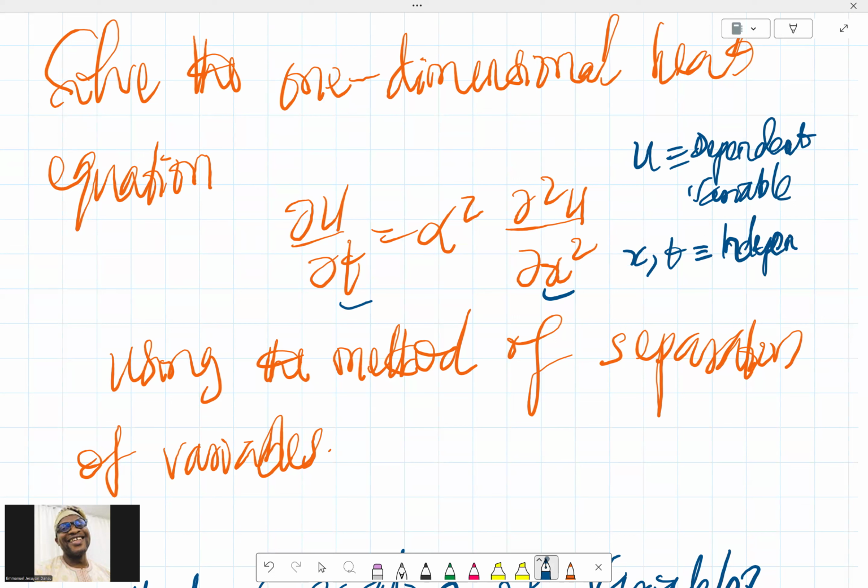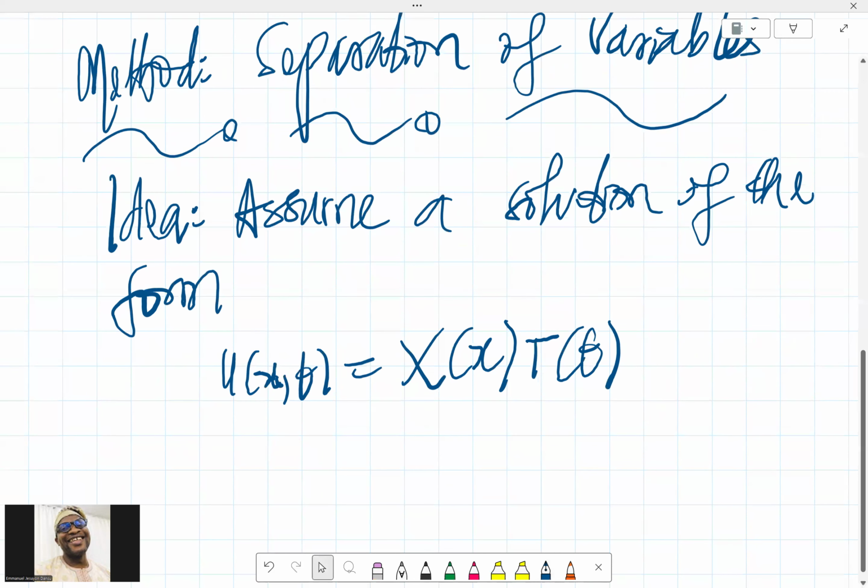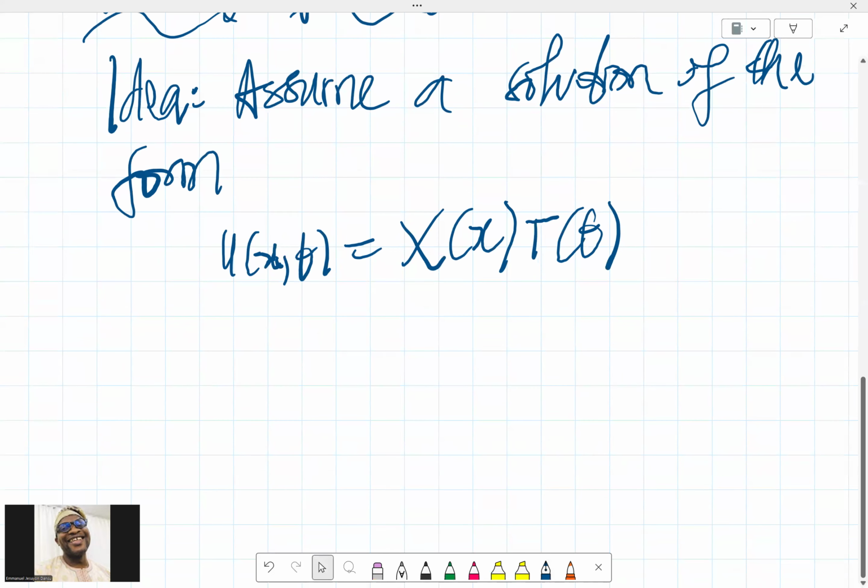The method of separation of variables assumes that the solution u of x comma t is a product of the space component X of x and the time component T of t. That's the assumption in this situation.